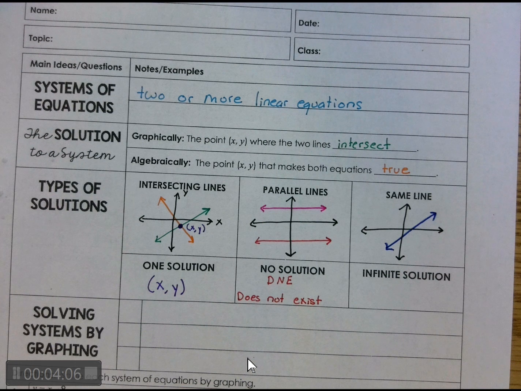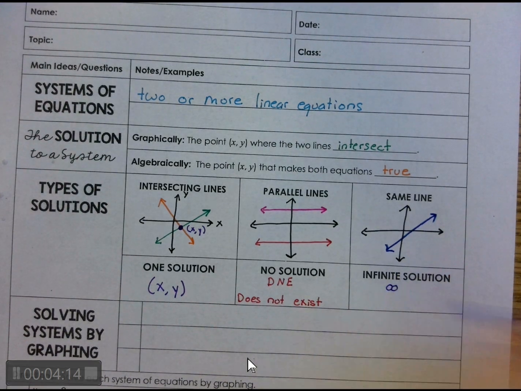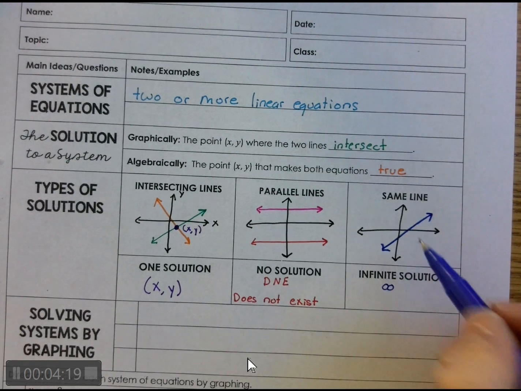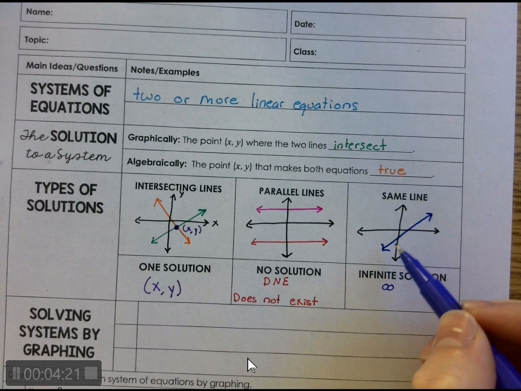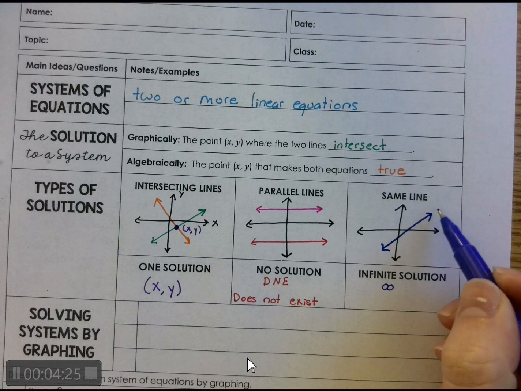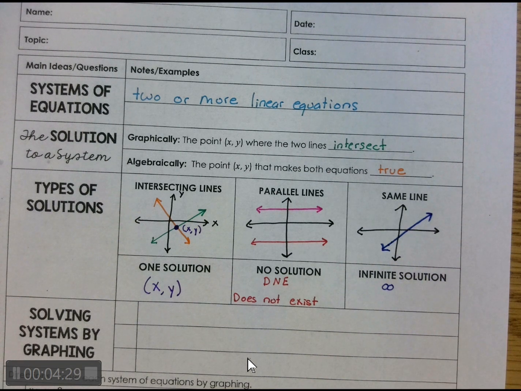Alrighty. And then when we have the same line, that type of solution is infinite solutions. And that's how you draw infinity. And this is because every solution works. Because the lines intersect here, here, here, and every single point on the line is where they intersect.